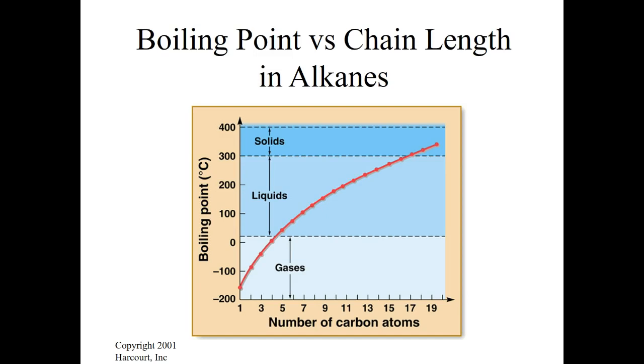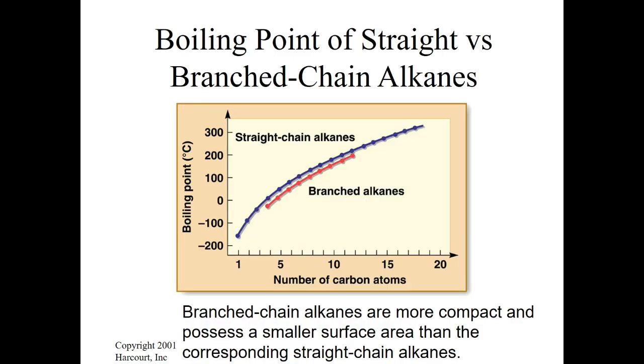When molecules are bigger and bigger, it's harder for us to boil them and turn them into gases. And branched alkanes are smaller, and so they would prefer to stay together than the long chain ones.